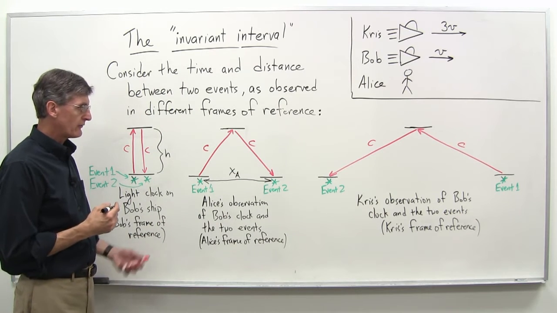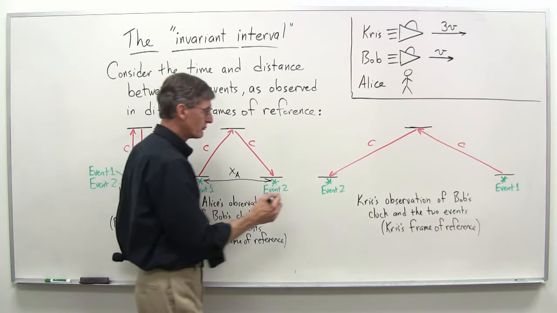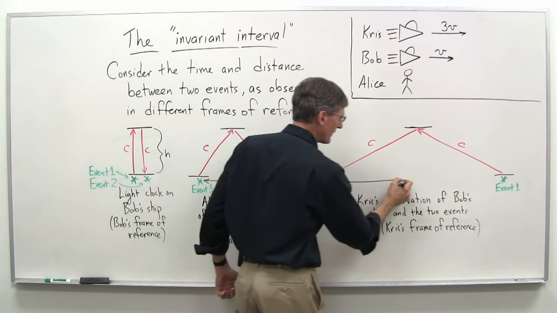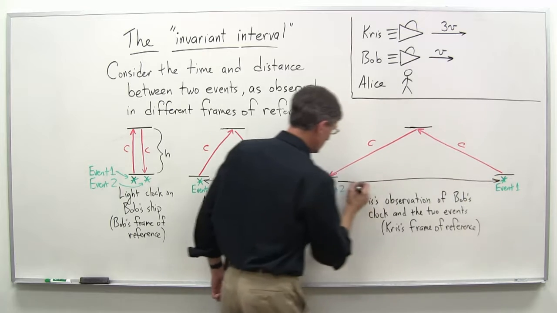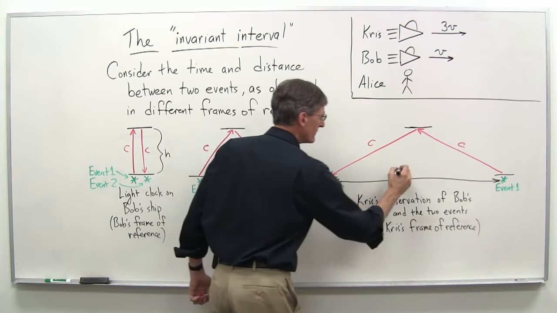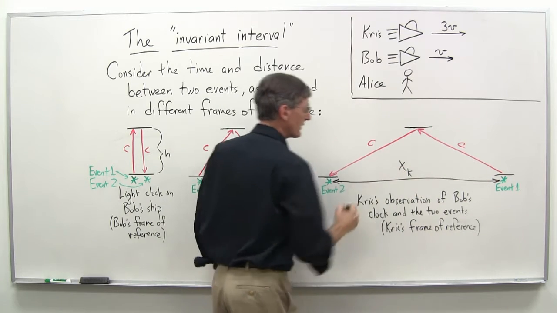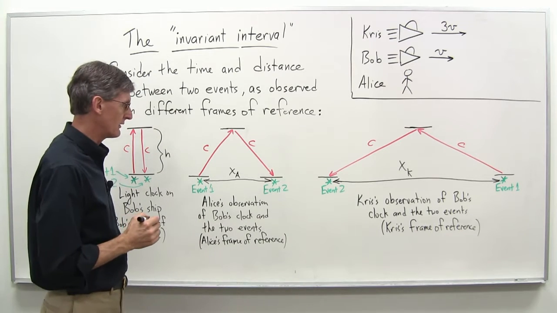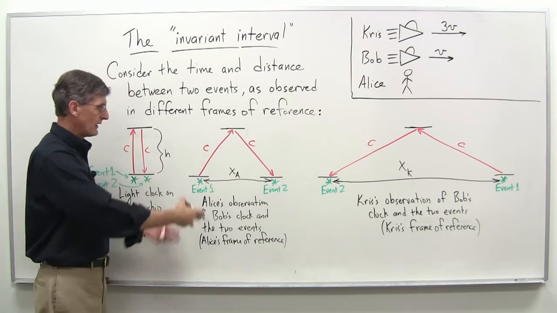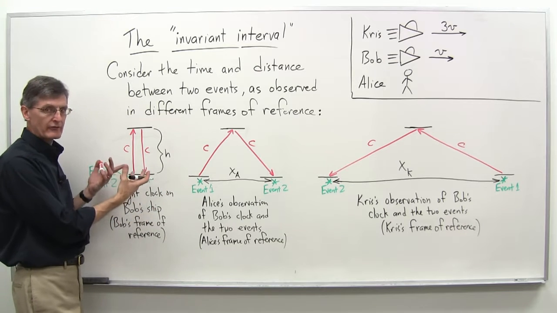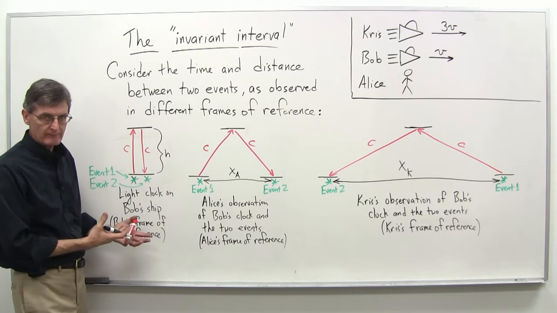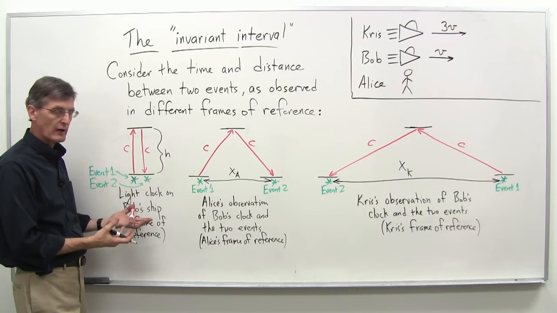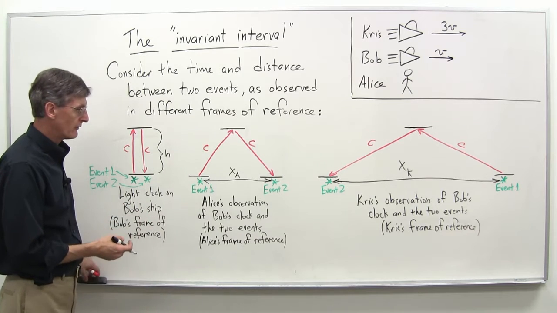And similarly for Chris, the distance between the two events in Chris's frame of reference, we'll say it's like this, x sub k. That's why we want Chris with a k, not a c, because it might get confusing with the speed of light. So x sub k, x sub a. We could also define x sub b, which would be 0. The distance between the events, as far as Bob is concerned, is 0.